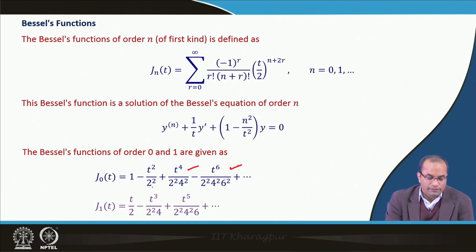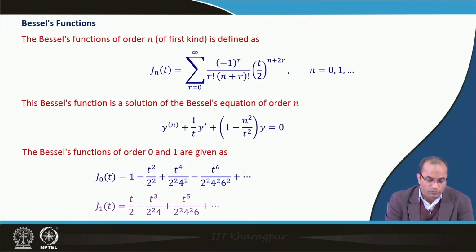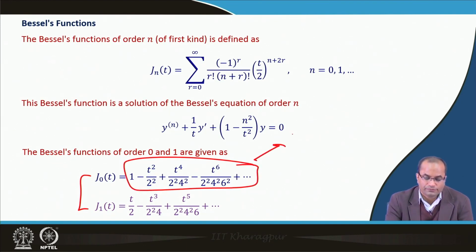And J 1, if we write, will be t by 2 minus t cube over 2 square 4, plus t to the 5 over 2 square 4 square 6. And if we take a closer look at these two functions here, if we differentiate this function.